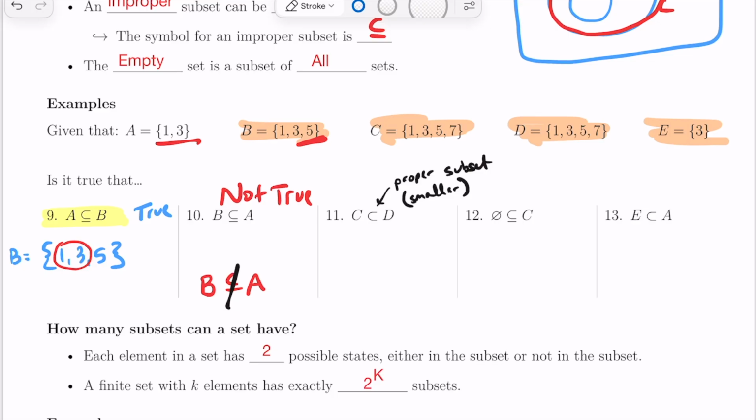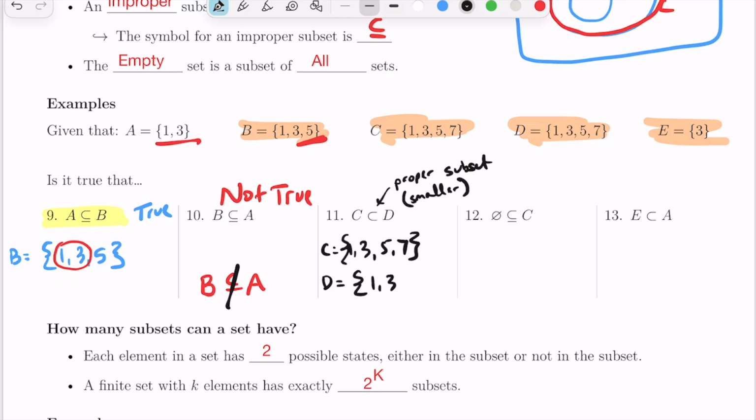So if I look at C, C is 1, 3, 5, 7. And D is also 1, 3, 5, 7. Notice they're the same size. So I can tell that it's not true to say a proper subset. A proper subset has to actually be smaller.